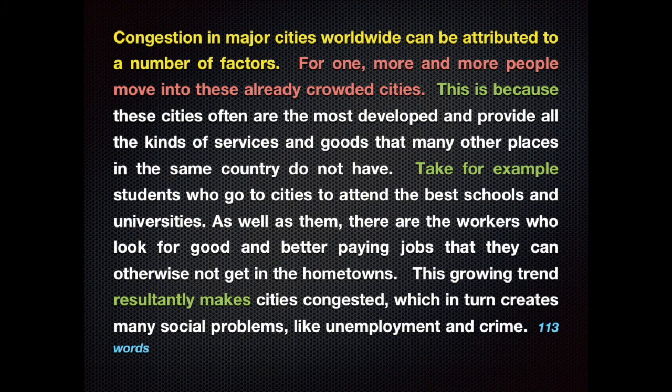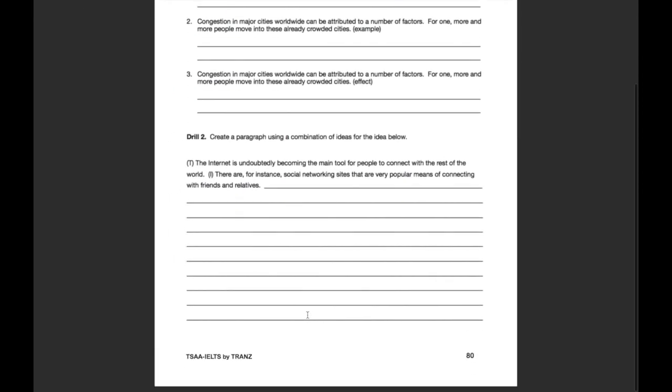And so let this paragraph inspire them or guide them on what to do next, because their final drill is going to create a paragraph that uses the text that's found at the bottom of page 80. So the topic sentence is, the internet is undoubtedly becoming the main tool for people to connect with the rest of the world. And the idea is that there are social networking sites that are very popular means of connecting with friends and relatives.